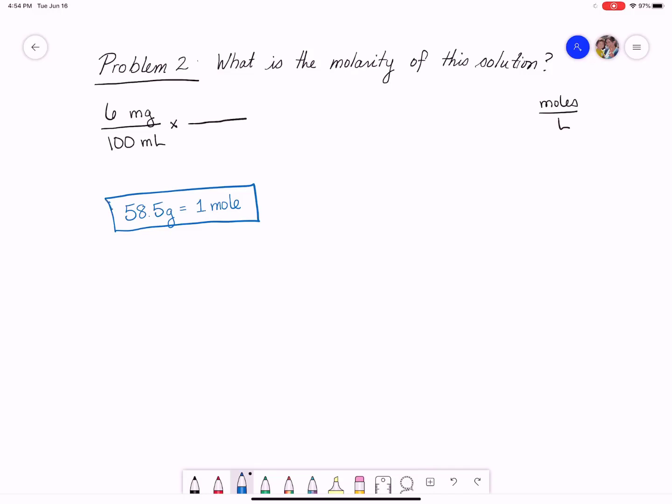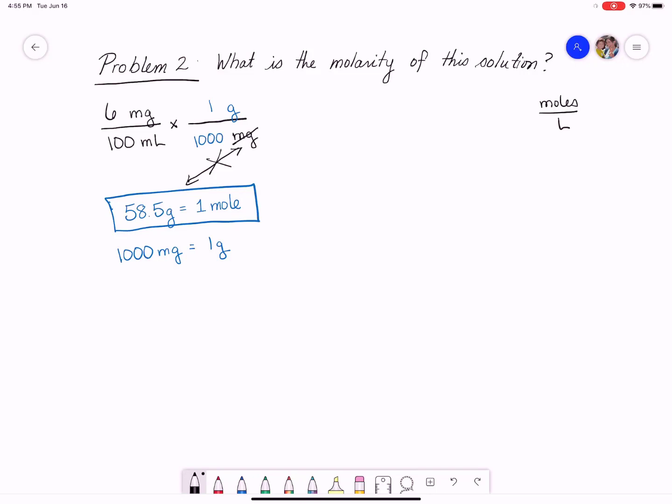Okay, so now that I have that off to the side, let me get started. I'm going to do a multiplication sign, a line, and I'm going to start with milligrams and put milligrams down at the bottom. But my 58.5 grams equals 1 mole conversion is not milligrams, so I need to go from milligrams to grams. So I'm going to remind you that there are 1,000 milligrams in 1 gram. So I'm going to plug that conversion in. I'll put 1,000 down at the bottom, 1 gram at the top, milligrams cancel out, and now I have grams per milliliter.